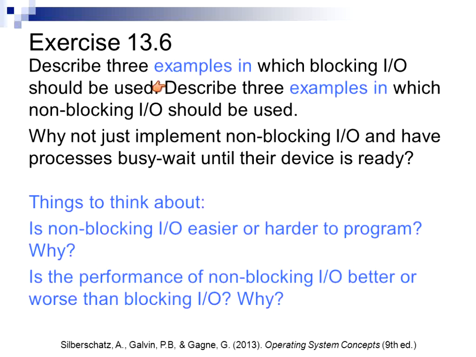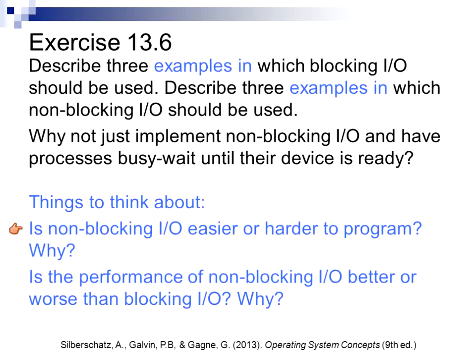And then give me 3 examples of when non-blocking I/O could be used. And it talks about these in your book as well. And then the question is, why not just do non-blocking I/O and have the processes wait until their device is ready? In other words, why do blocking I/O ever? Okay? And when you're answering that part of the question, I gave you some things to think about.